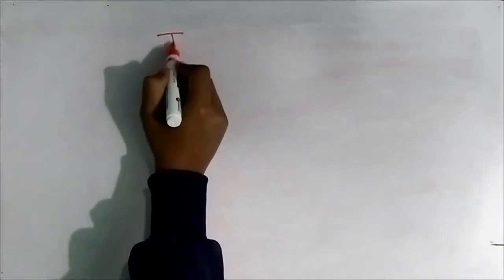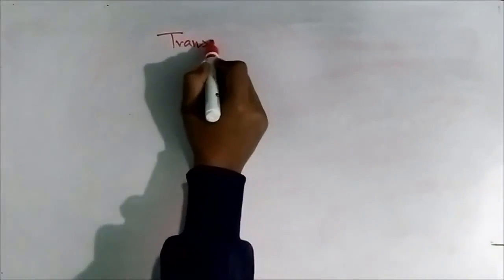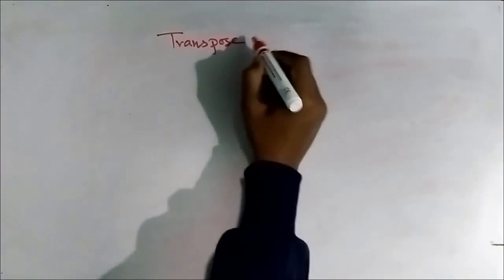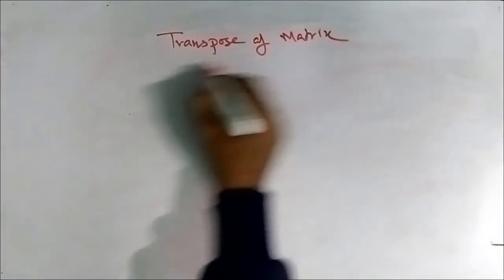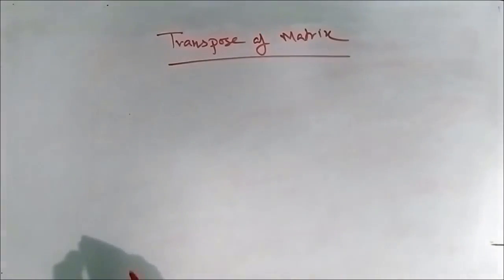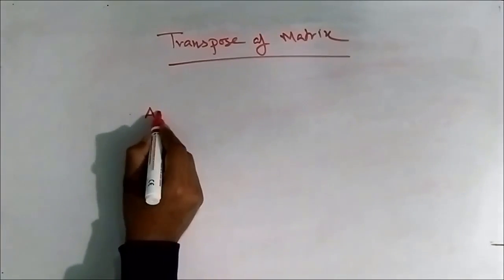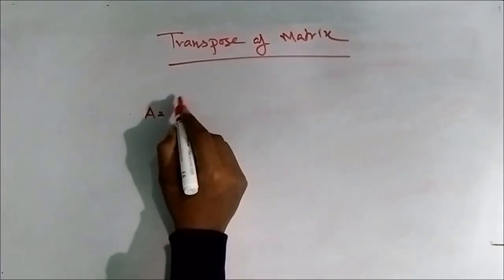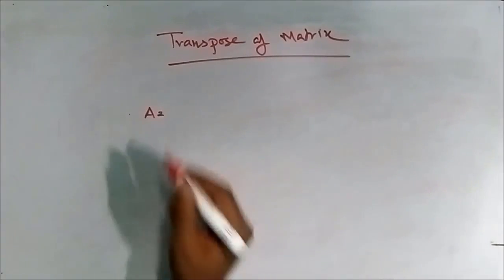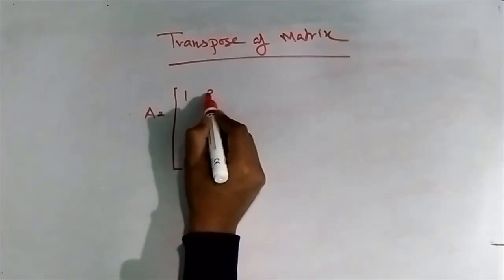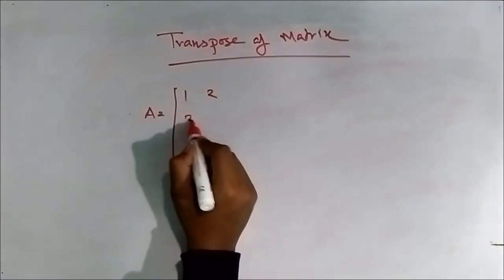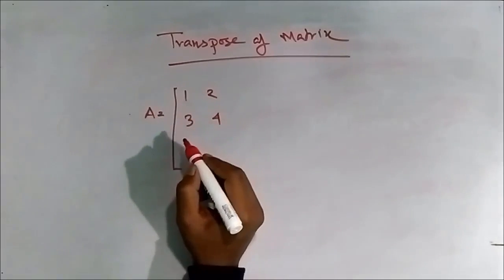Transpose of matrix. So suppose A is a matrix. Let's take a matrix defined above: 1 2, 3 4 and 5 6.